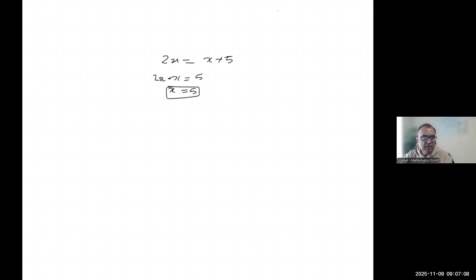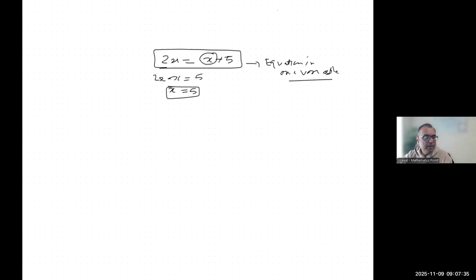This equation has only one variable in it, one pronumeral, which is x. So this is called an equation in one variable only.